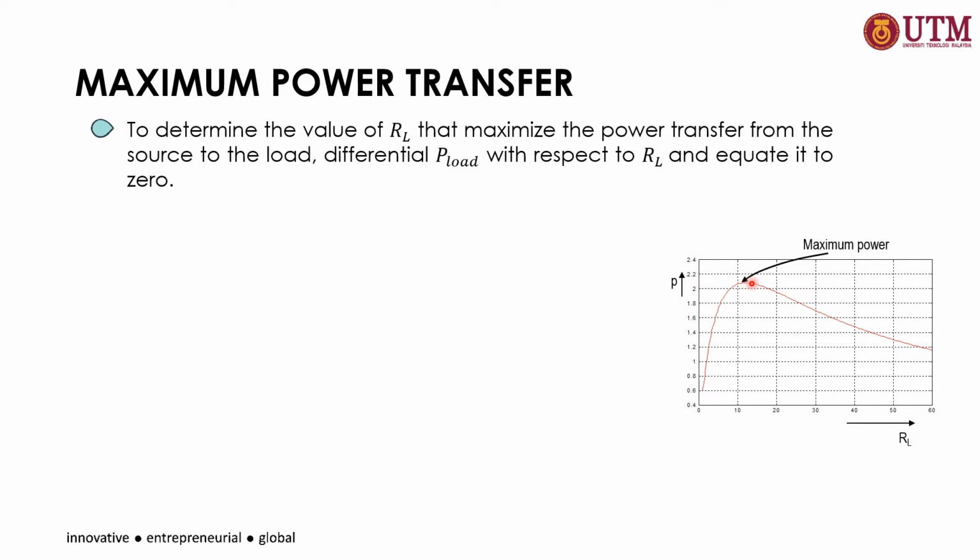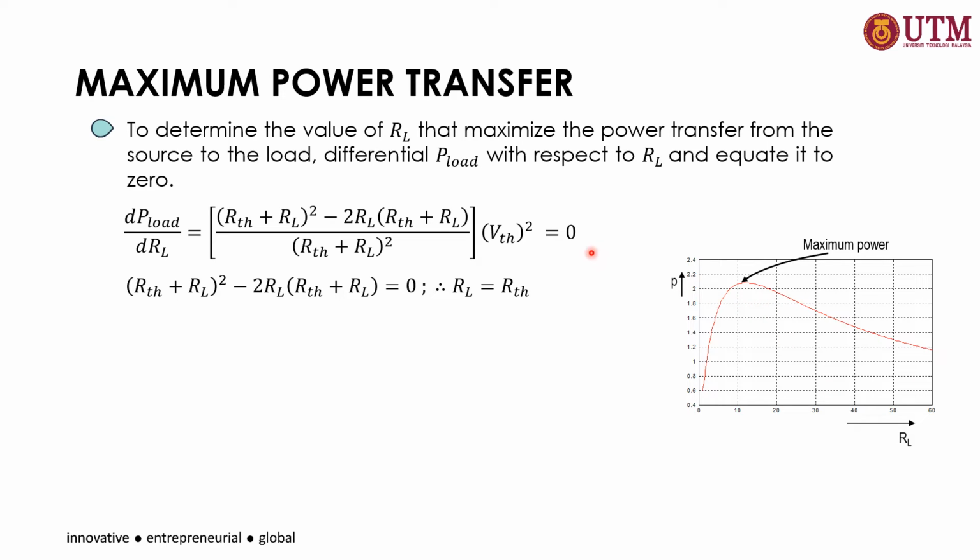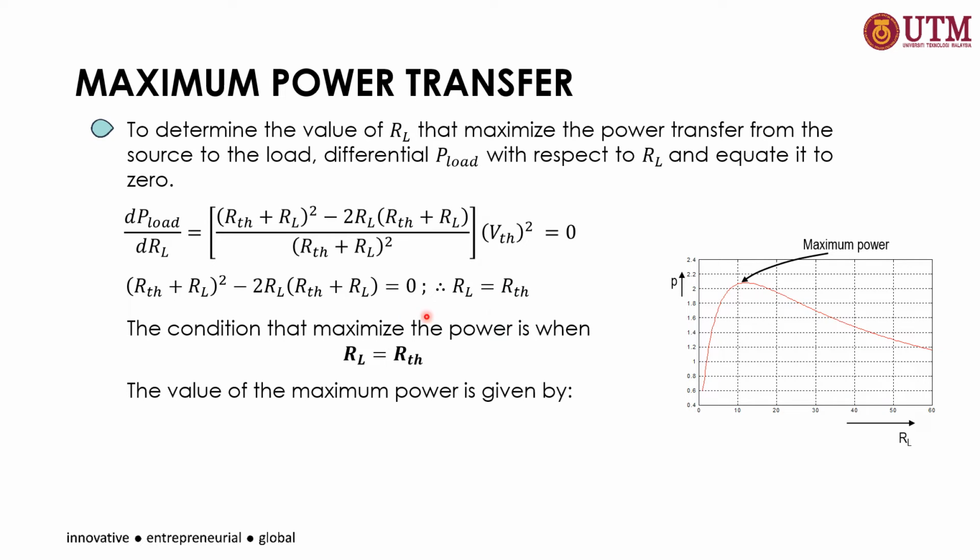The maximum power is at the point where the differential of the power with respect to RL is equal to 0. So we differentiate and equate it to 0, and we get the RL at this point is equal to the RTH. The condition that maximizes the power is when your load resistance is equal to your Thevenin resistor.